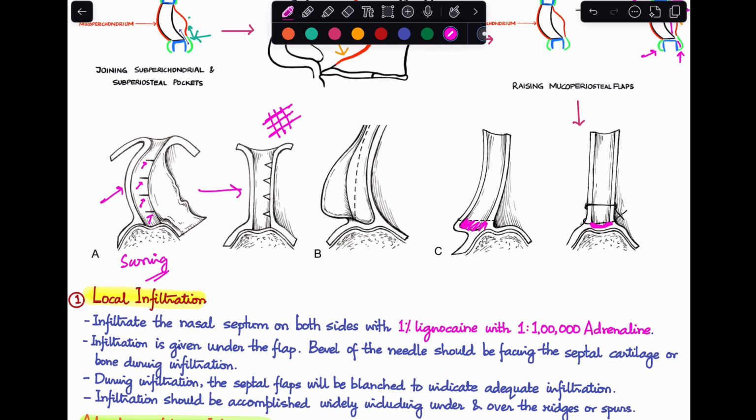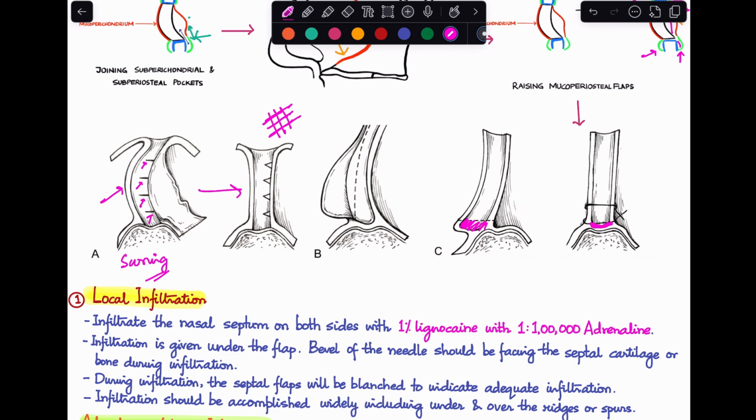So these are different methods, like scoring, cross-hatching, shaving the convex side of the cartilage, or wedge excision. Multiple different methods are used to correct the cartilaginous part of the deviation. And you have to reduce and reposition the septal cartilage over the vomer and correct the deviated septum.